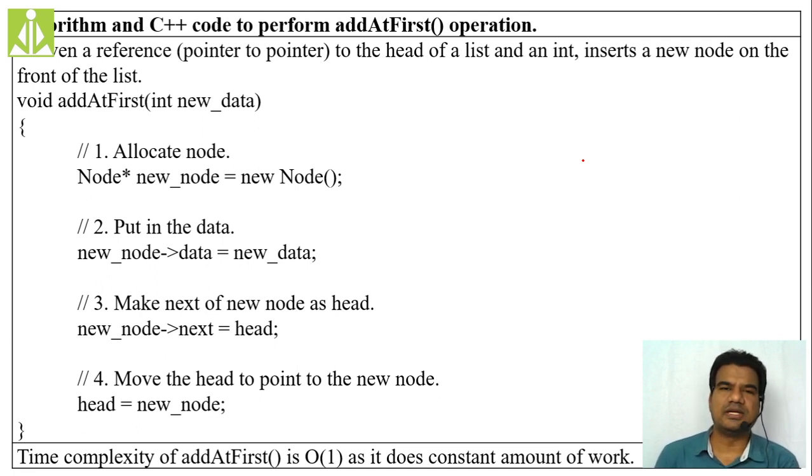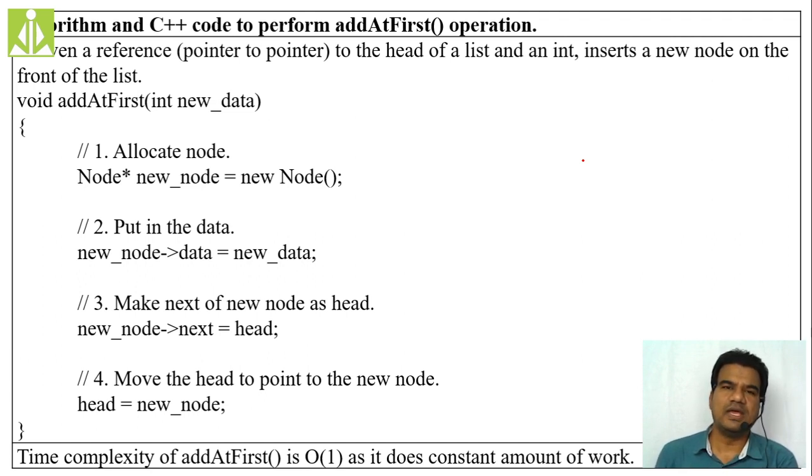So now we have to do the time complexity analysis of this add first function. This add first function has four statements and it does not have any loop, because adding the node at the front of your singly linked list does not involve any node shifting, isn't it? We consider the first node itself, or the head node itself.